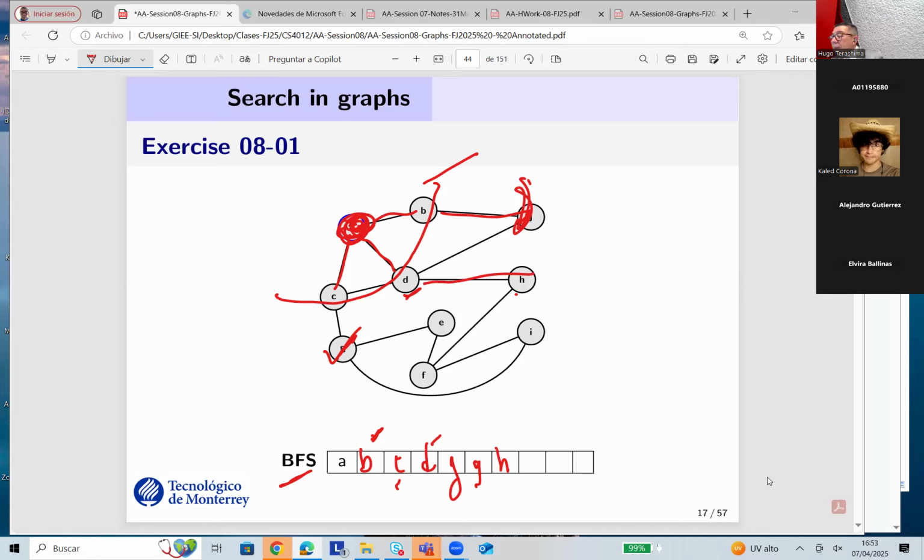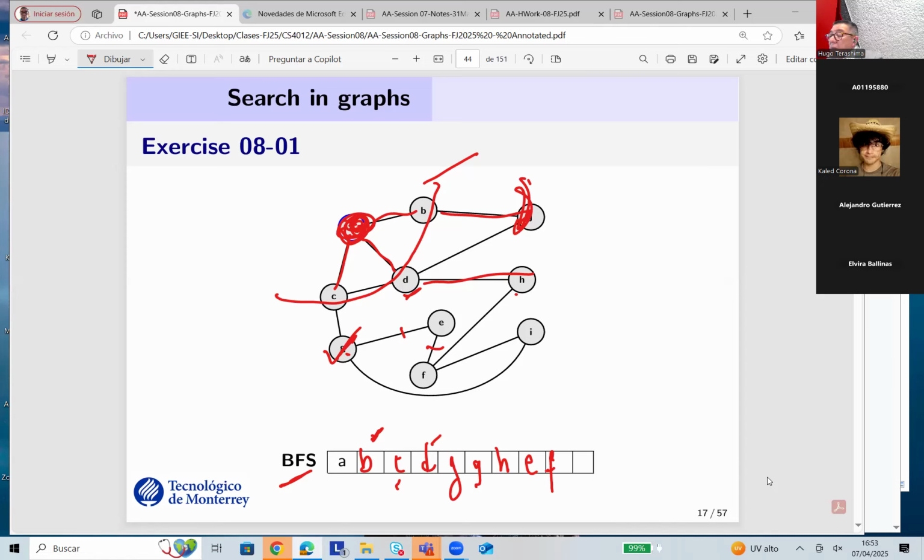And then I go to J, and in J, D is already there. And then G is here, so I go to E. And then I go to H, and H is F, right?